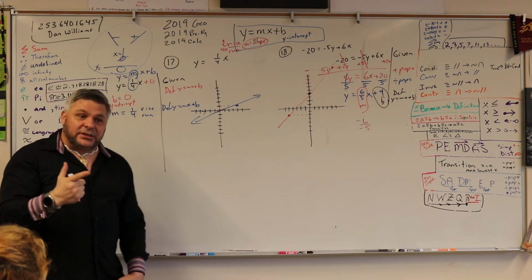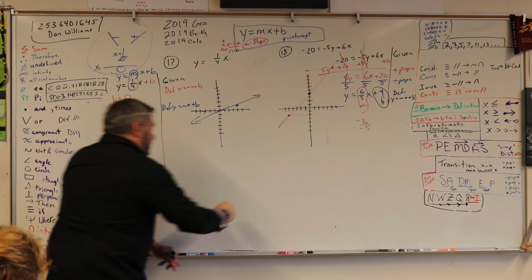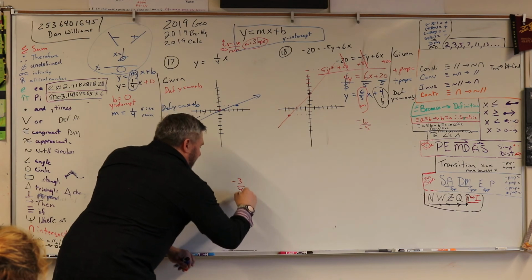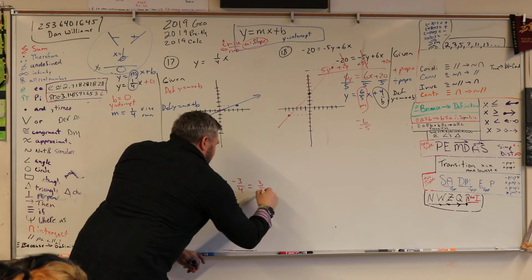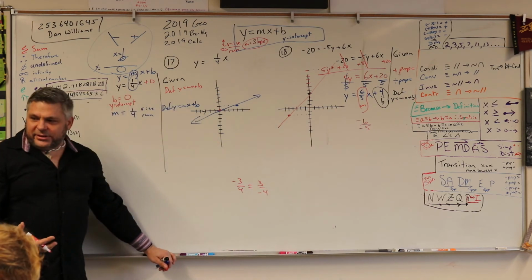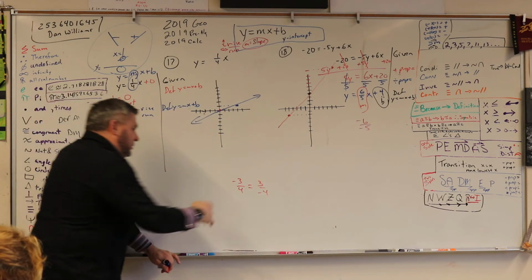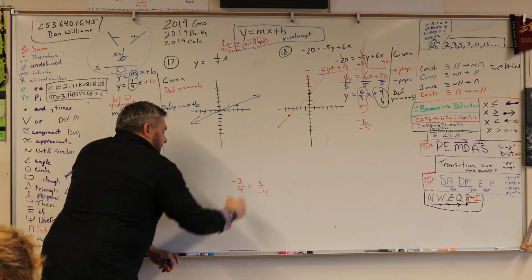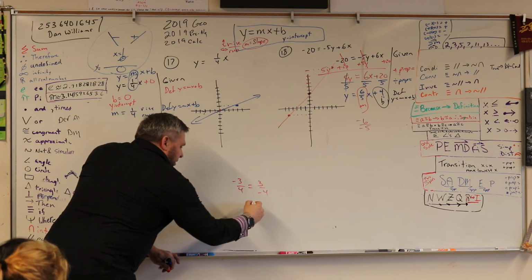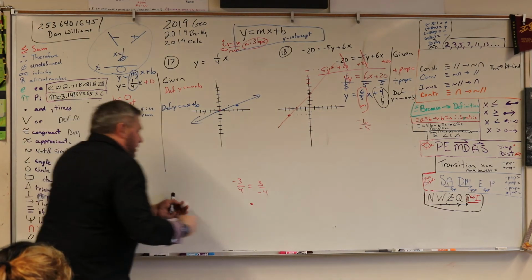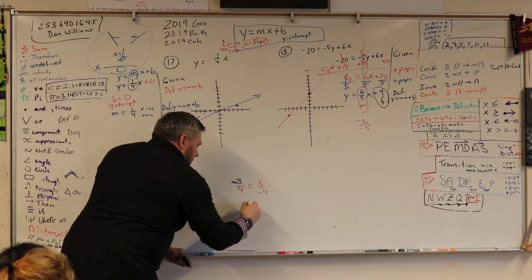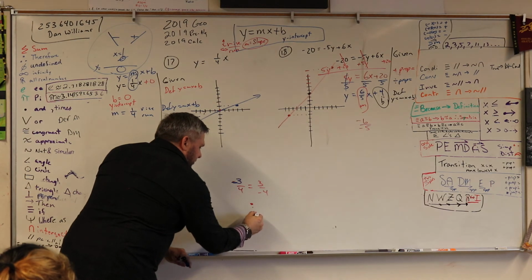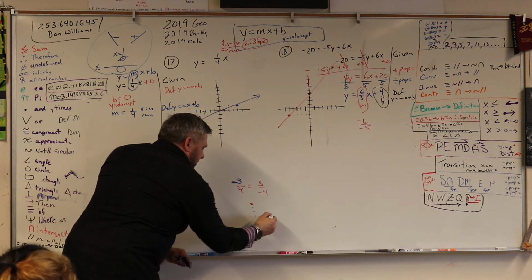Does that make sense? So if one of them is negative, let's say you got negative 3 over 4. Isn't that the same as 3 over negative 4? You see what I mean? So then this would be down 3. So if we were at a point here, right? This would be down 3, 1, 2, 3, right? 4. 1, 2, 3, 4.